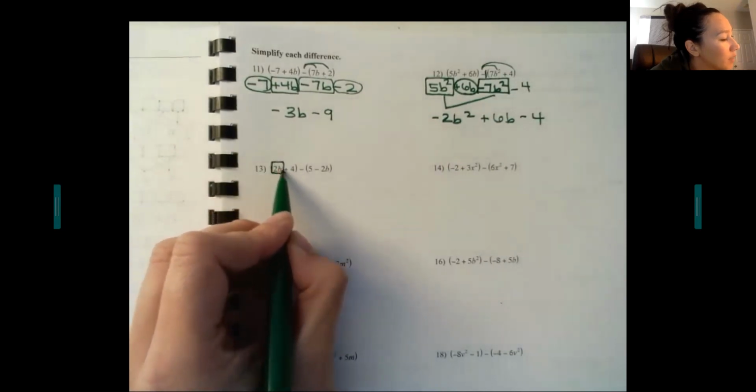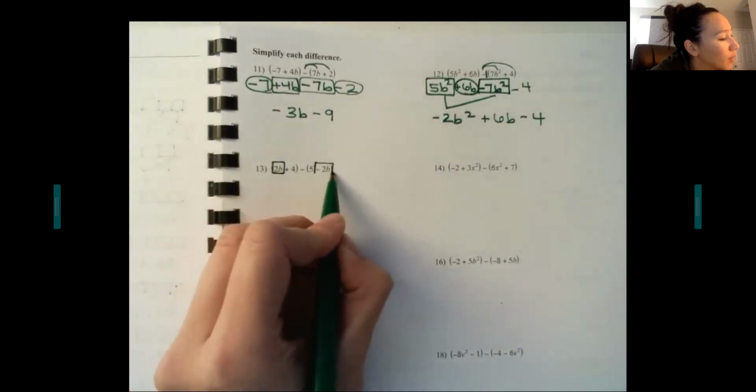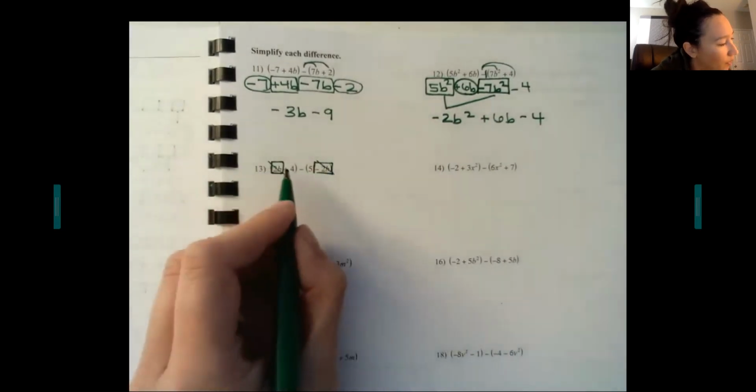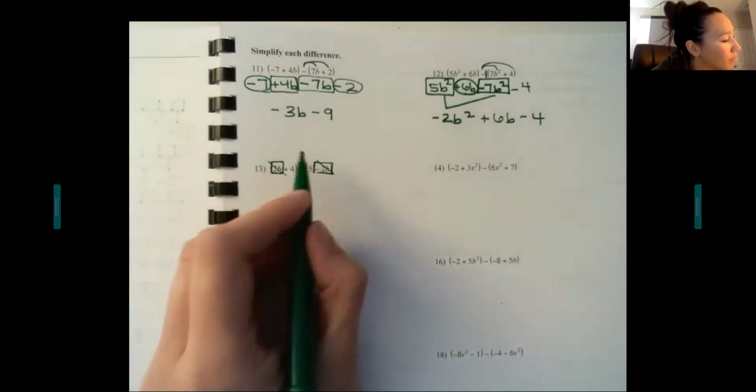Okay, thank you. Okay, Amari, what about number 13? I got 4b minus 9 out of all this. So you're close. The only problem is this is a positive 2b and a negative 2b. So positive 2b and negative 2b, they're opposites. They cancel out. Oh, but you know what? No, we didn't distribute the negative first.